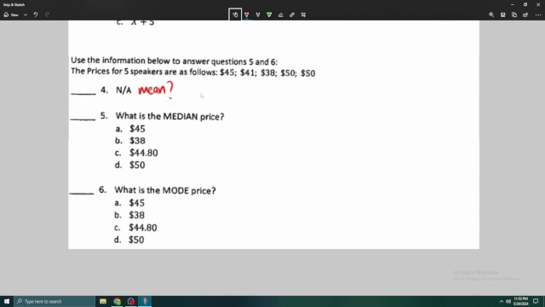So the average is simple. It's probably the hardest one, but we would add all these numbers up. And we're going to divide by 1, 2, 3, 4, 5, because there are 5 numbers in total.